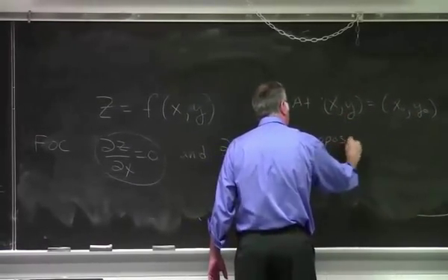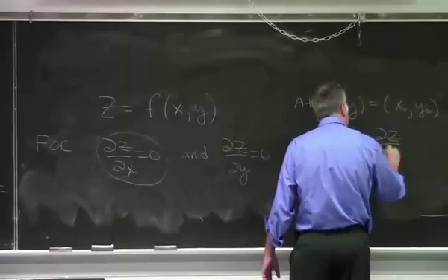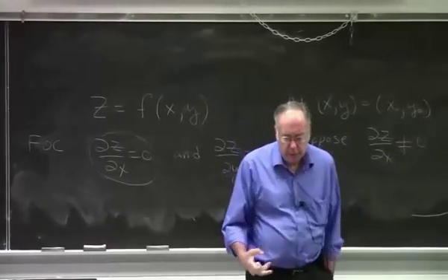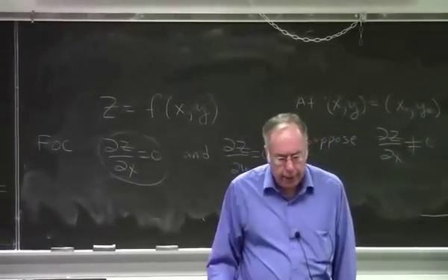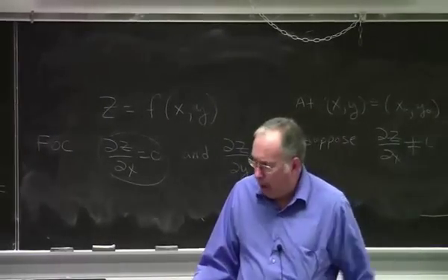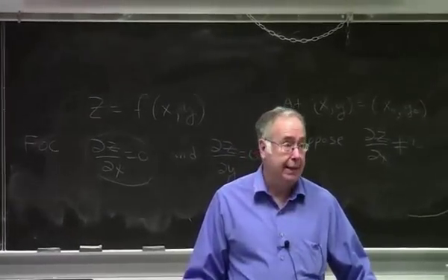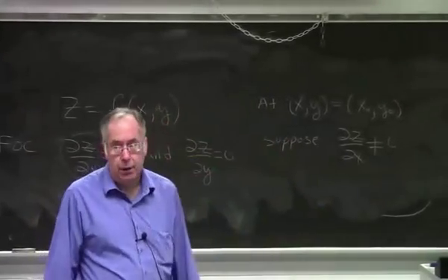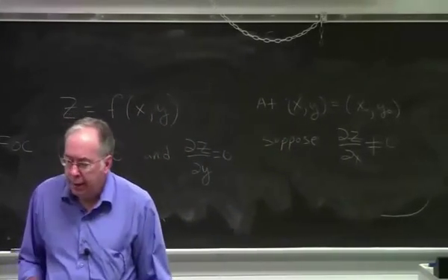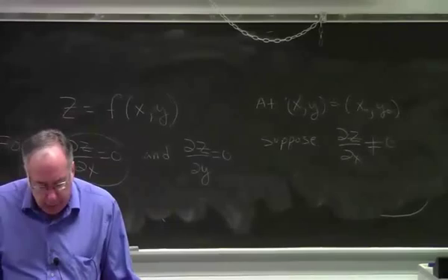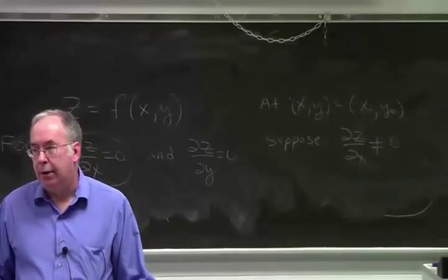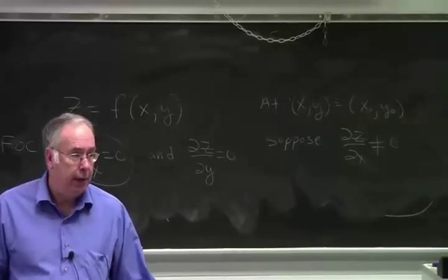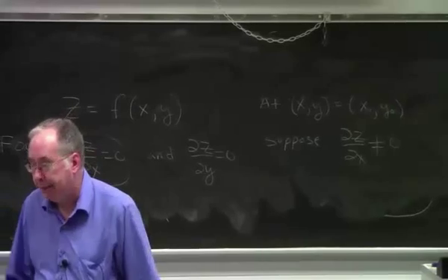To take the easiest case, suppose partial z, partial x is positive at this point, x0, y0. Why does this point not give you a maximum? How do you know that you can't be at the maximum value of z if partial z, partial x is positive?